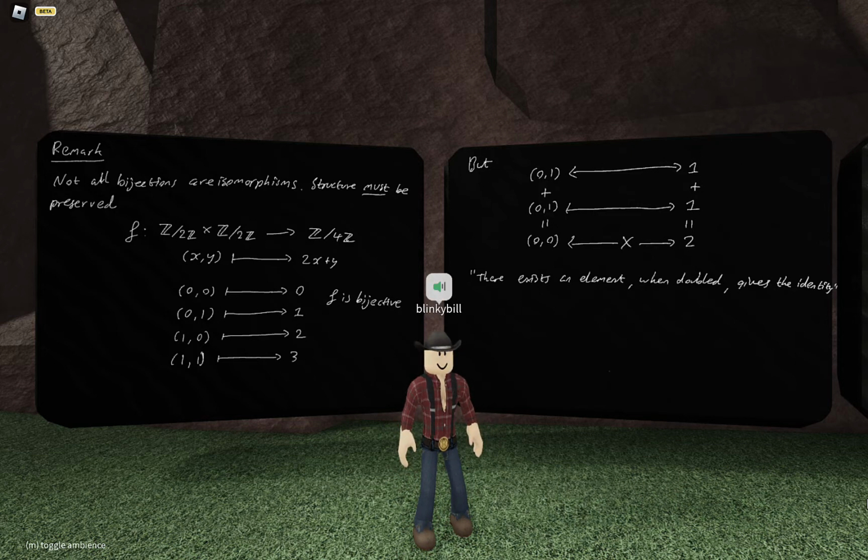I can write a different sentence. Okay, I'll write it in orange. Every element doubles to the identity. Cool. Thanks for saving that. Okay, so why does this capture it?